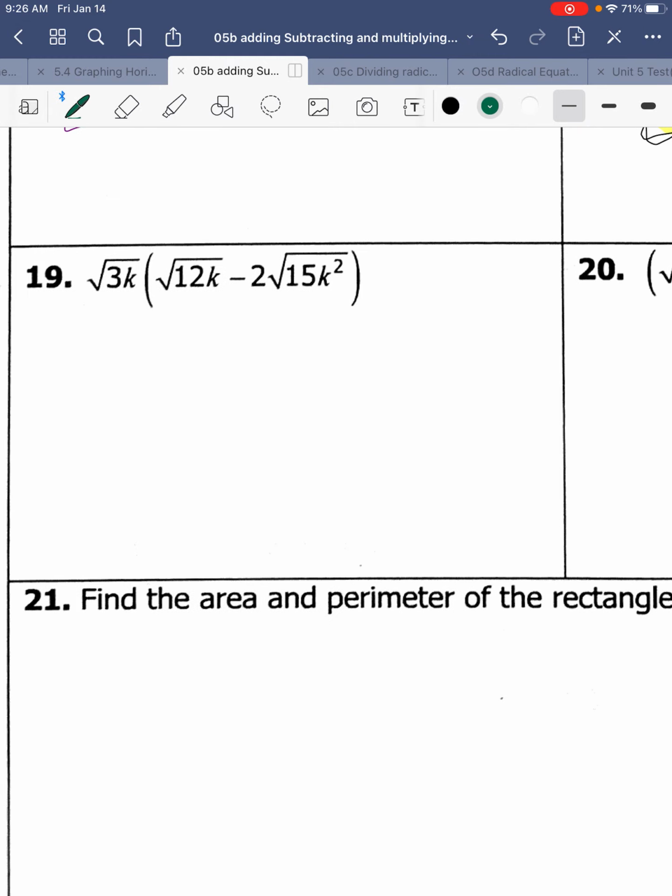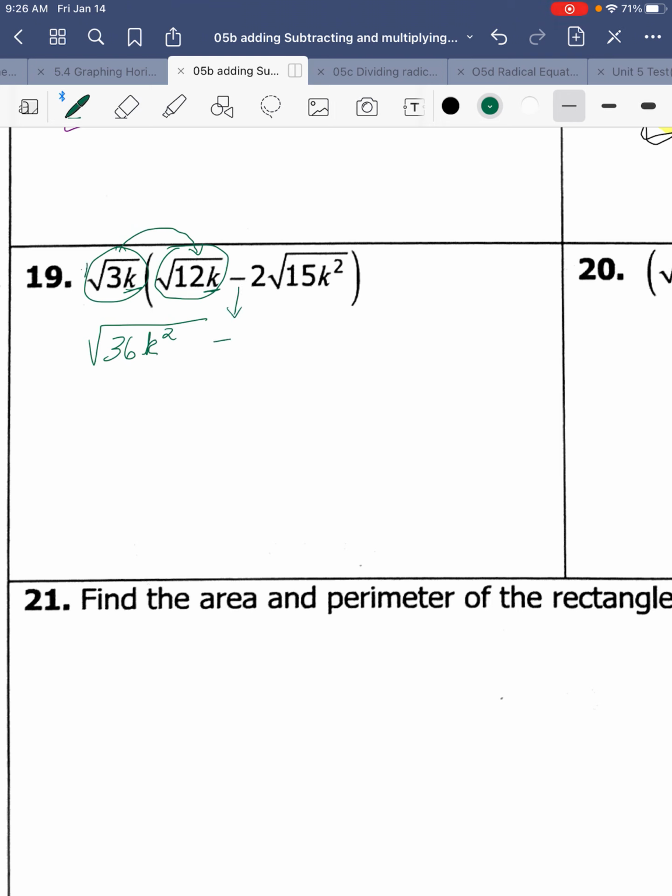We have number 19. Now we're introducing some variables. Don't worry about the variables. We can do that. So if we multiply the first two, monomial times this monomial, we have the square root of 12 times 3 is 36. They're both underneath the square root, so we're going to keep them there. K times k, there's two k's that are multiplied together, so that's k squared.